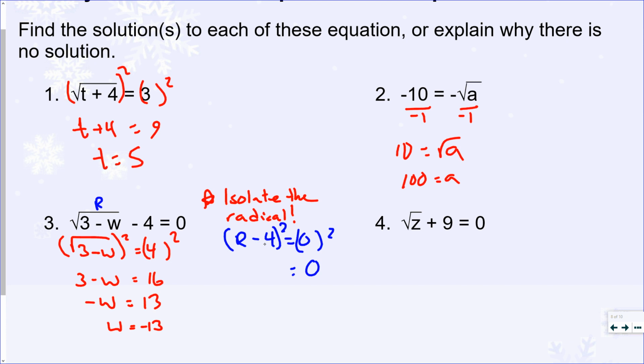I have to distribute that. And I'm going to get r squared. And it's going to have to be written out as a trinomial. I'm going to actually have to do r minus 4 times r minus 4 and distribute that. That's a problem.